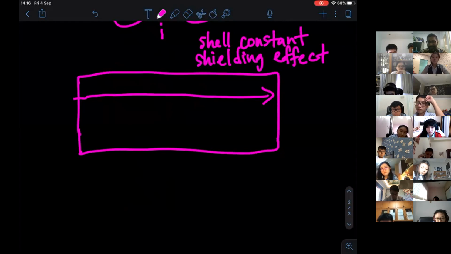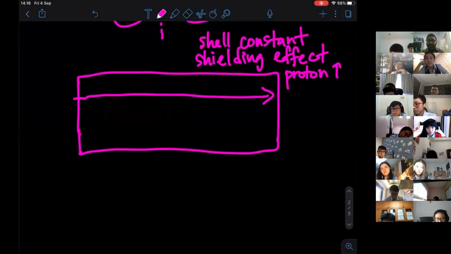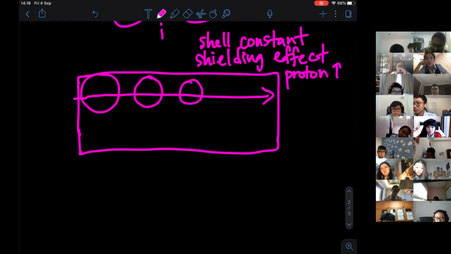And I know that my proton number is increasing. It means my nuclear charge is increasing. It means the electrons are going to be pulled closer by the nucleus. And as you go across the periodic table, generally we see that the atom tends to have a decrease in radius.